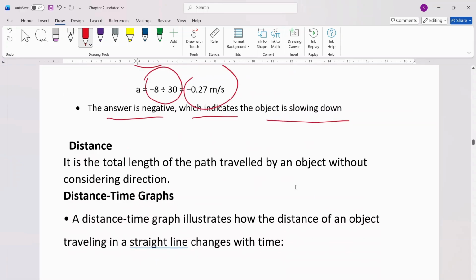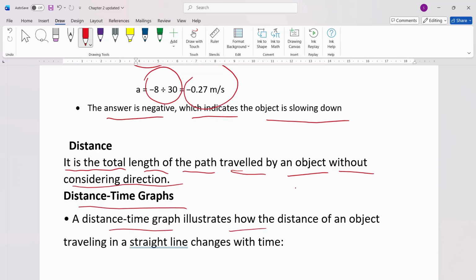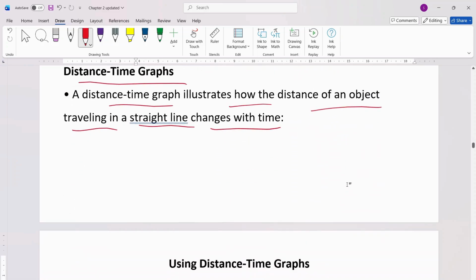Let's discuss distance. It is the total length of the path traveled by an object without considering direction. We have the distance time graph also, which can illustrate how the distance of an object traveling in a straight line changes with time.